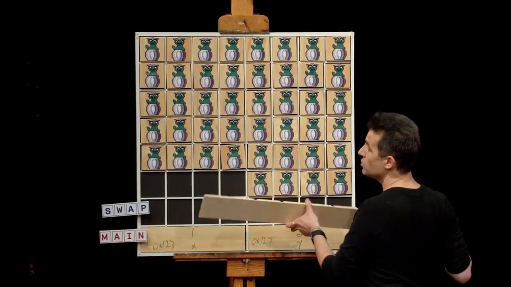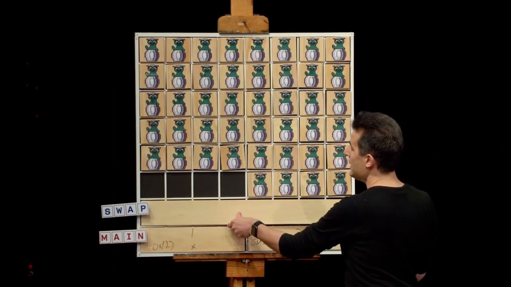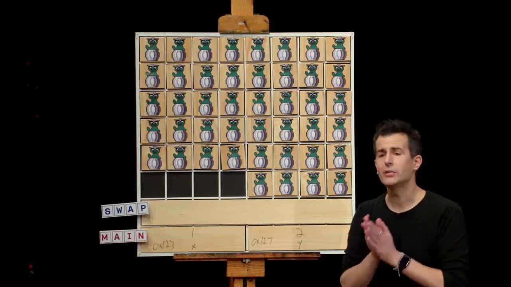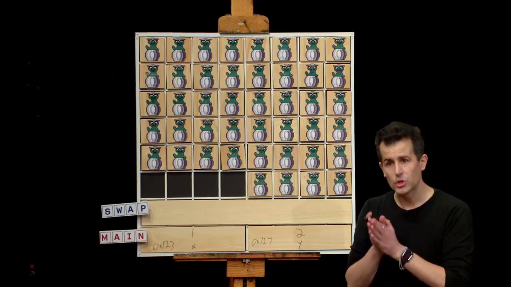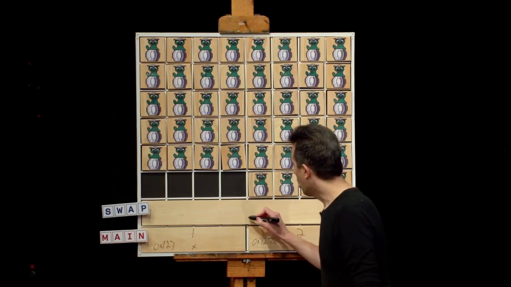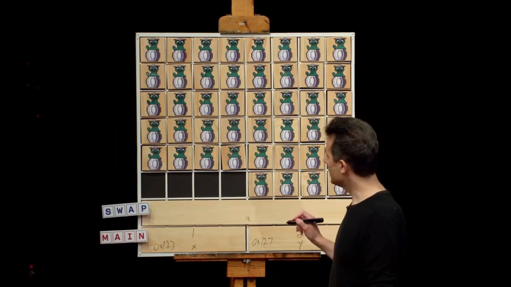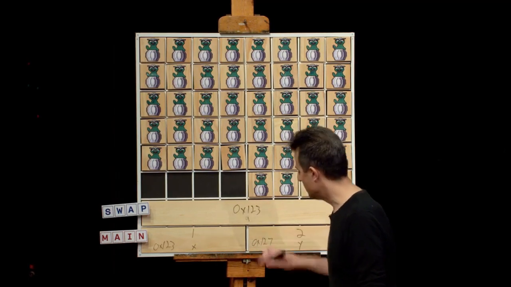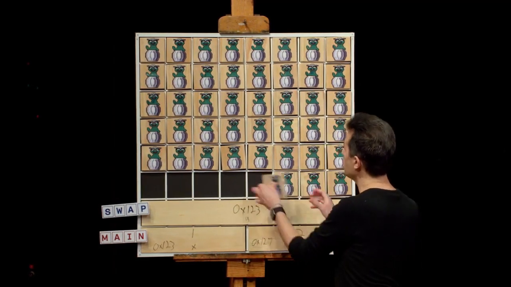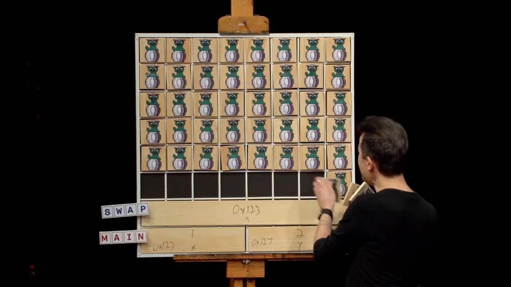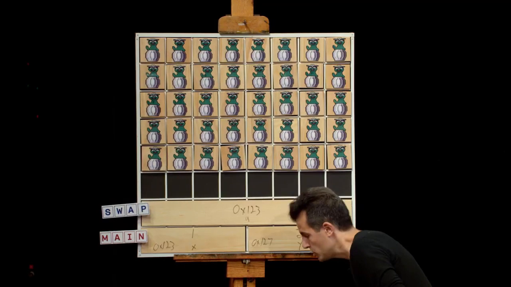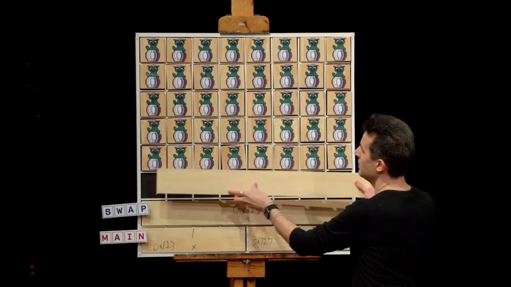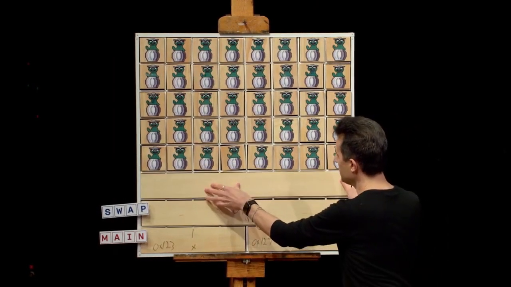And I actually need to use a bit more memory in swap now. If I now declare a to be not an integer, but a pointer to an int, that is an int star variable, I could call this thing a now, and I could store in it the address of x, like 0x123. If I then change the definition of b to be not an integer, but a pointer to an integer, that is another int star, which happens to be 8 bytes, I'm going to use a little more memory for this thing, but that's OK.